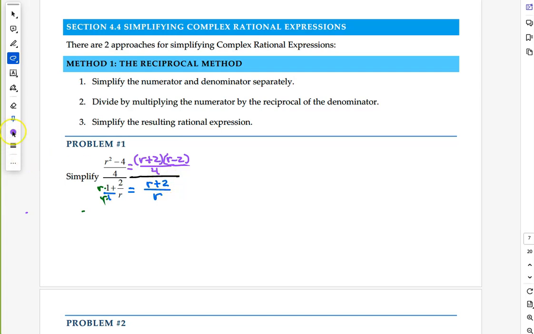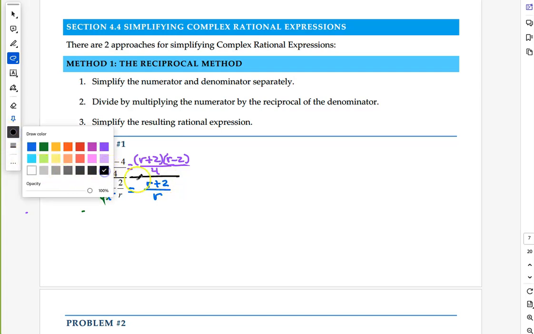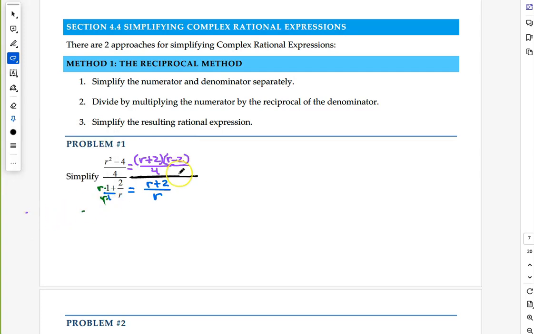Okay, so now what I have is just a fraction divided by another fraction. And sometimes when students look at that, it just makes your head spin. But let's remember back to division of fractions.